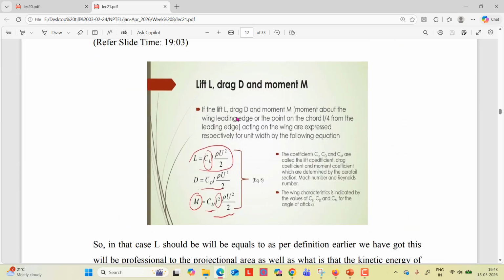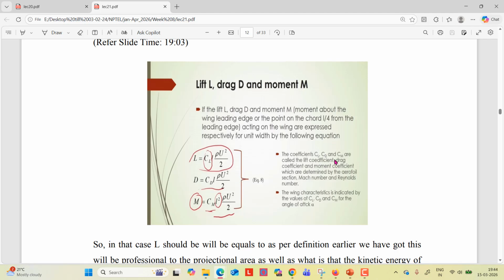The lift, drag and moment about the wing leading edge, or the point on the chord one quarter from the leading edge, acting on the wing are expressed respectively. So this is the expression: this is the lift force, this is the drag force, and this is the moment.